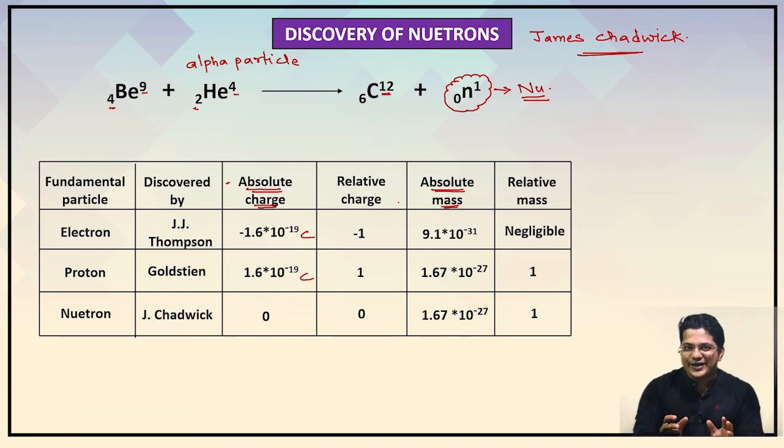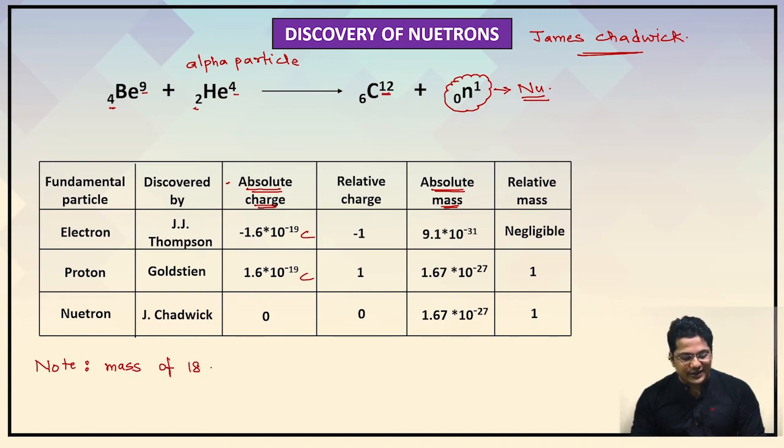Finally, before wrapping up this module, just remember a very, very important note. The mass of 1837 electrons is equal to the mass of 1 proton.